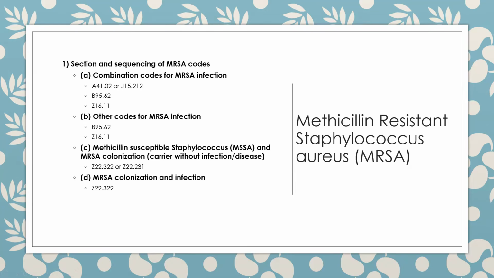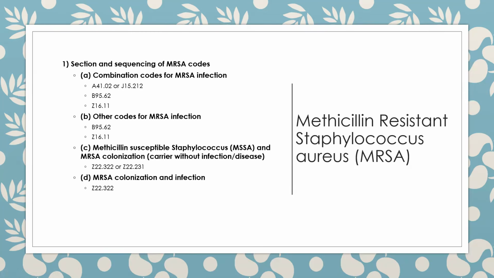Moving on to MRSA, methicillin-resistant Staphylococcus aureus conditions. We also have several guidelines that must be followed in this particular section. Number 1, selection and sequencing of MRSA codes. Sometimes there are combination codes for the MRSA infection as well as the condition.